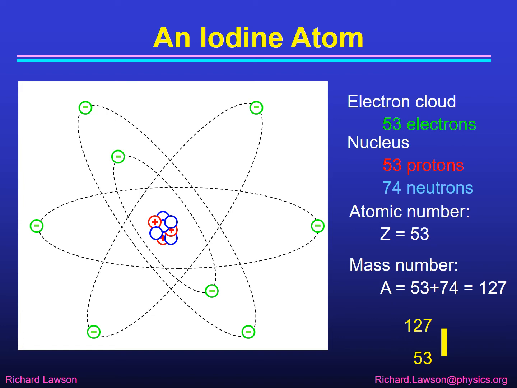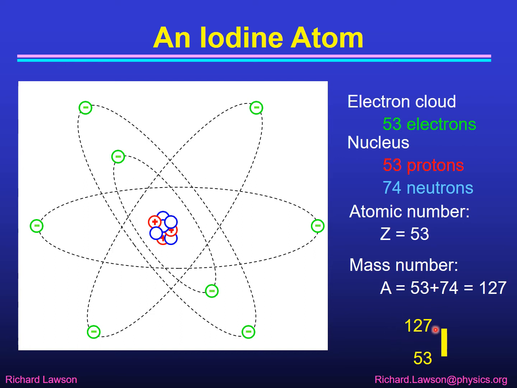Now actually those always go together, because if it has 53 protons, that means the chemistry is that of iodine, because that's what happens with the 53 protons, which match 53 electrons. So if it's 53, it has to be iodine. So we often miss out the 53, writing the iodine is sufficient.